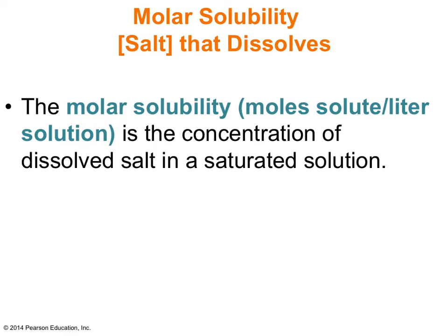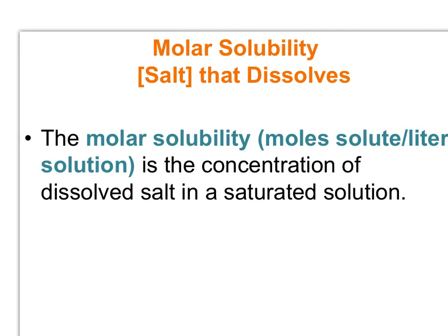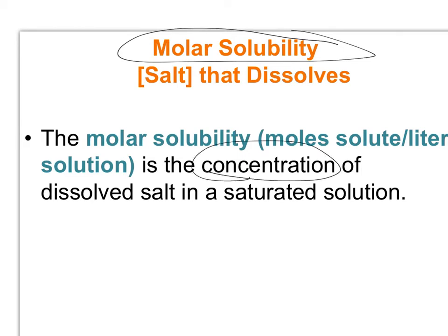One of the most common misconceptions when learning about KSP is getting KSP confused with what we call molar solubility. Solubility is a concentration, okay? So if a problem is asking what is the solubility of something, they're asking you for the concentration, the moles per liter of a substance.